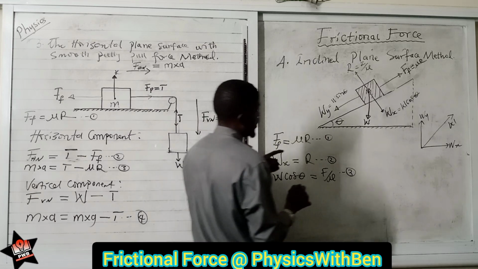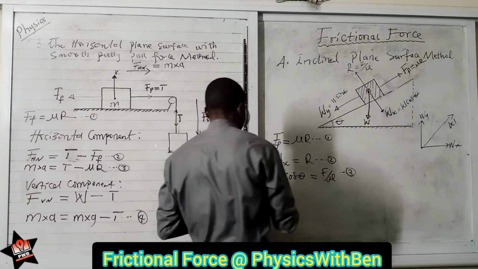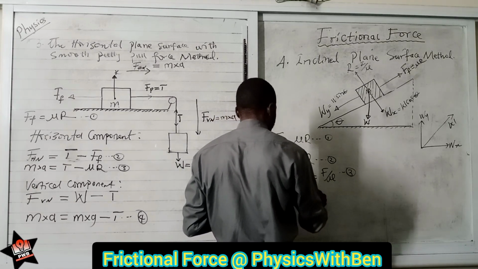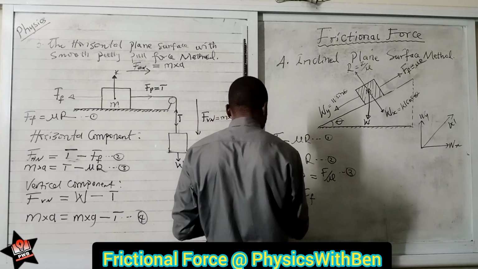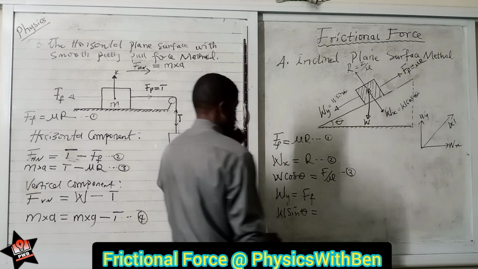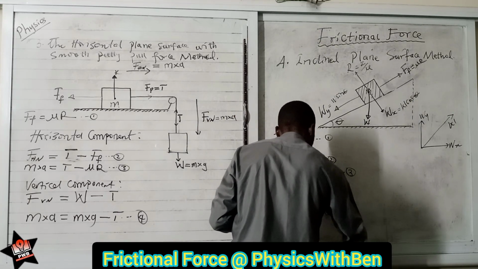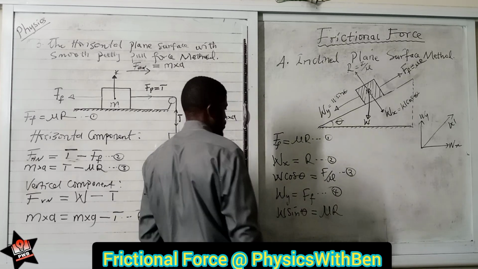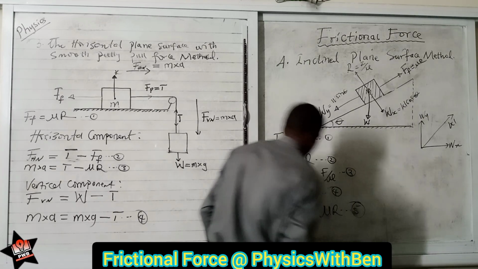So we also want to write that this is equal to this. So we write that Wy is equal to the frictional force. So we substitute again by writing that W sine theta is equal to mu R. You can call this your equation number 4, and you can call this your equation number 5.